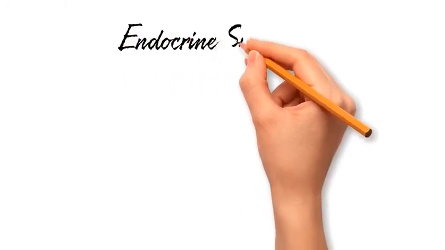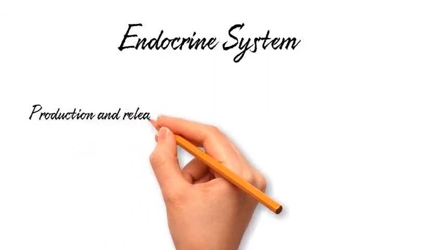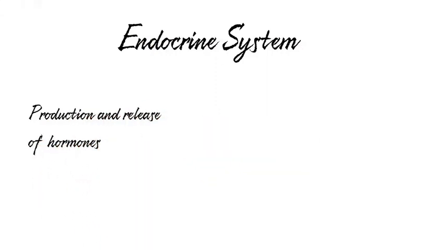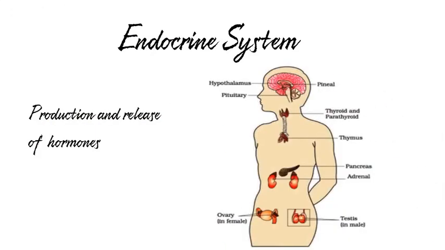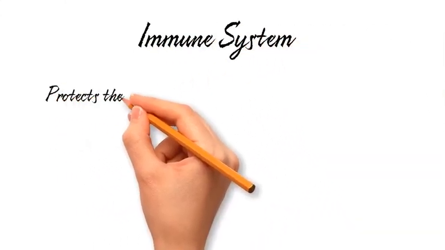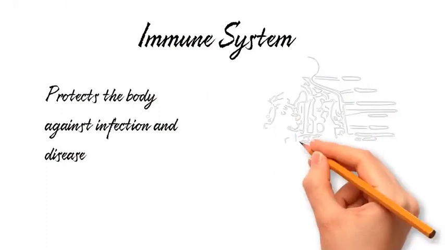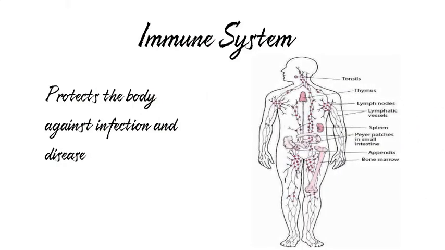The endocrine system is responsible for producing and releasing hormones, which are chemical messengers that help regulate the body's functions. It includes the pituitary gland, thyroid gland, and adrenal glands, among others. The immune system is responsible for protecting the body against infection and disease. It includes the spleen, lymph nodes, and white blood cells.